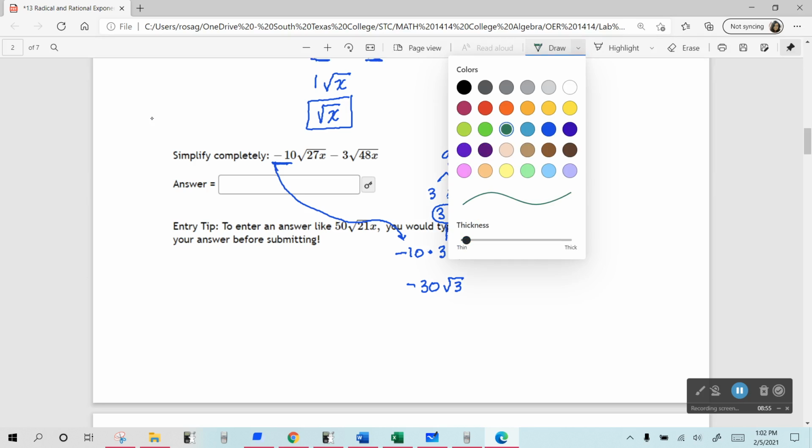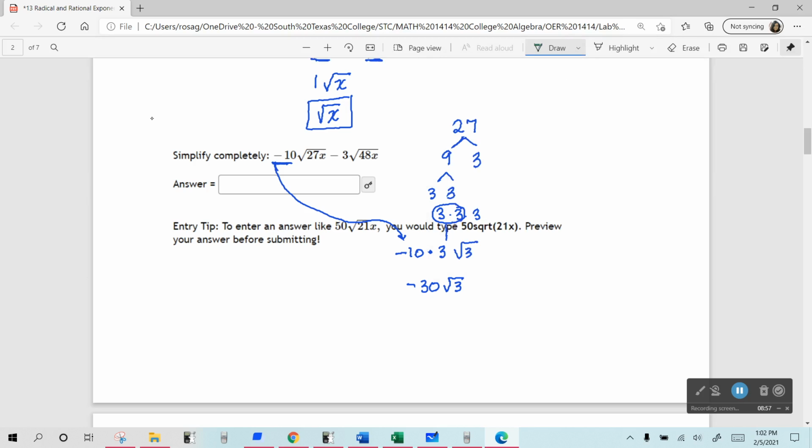Now, let's do the 48. Two numbers that give me 48, 4 and 12, 2 and 2, 2 and 6, 2 and 3. So for 48 is 1, 2, 3, 4, and a 3.